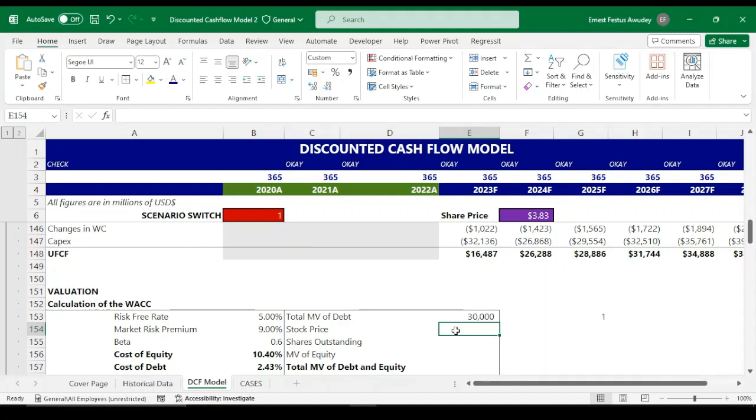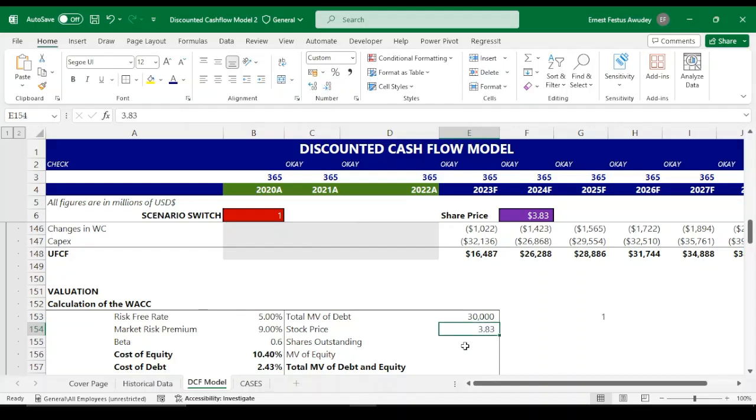And our stock price, let's say this is our scenario switch and this is set at the base case, which is 1. So for now, let me say that my stock price is 3.83. All right, and I have written it as a hard-coded figure, so it's in blue.